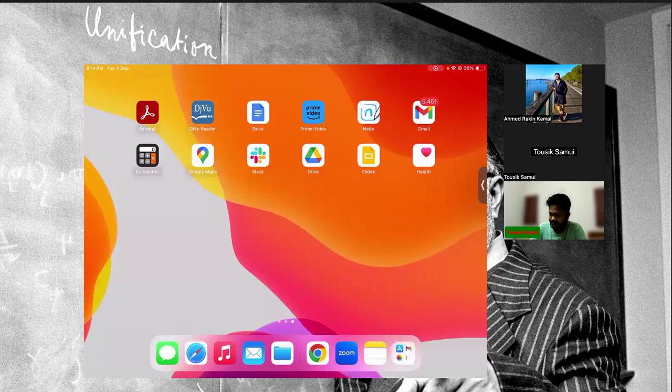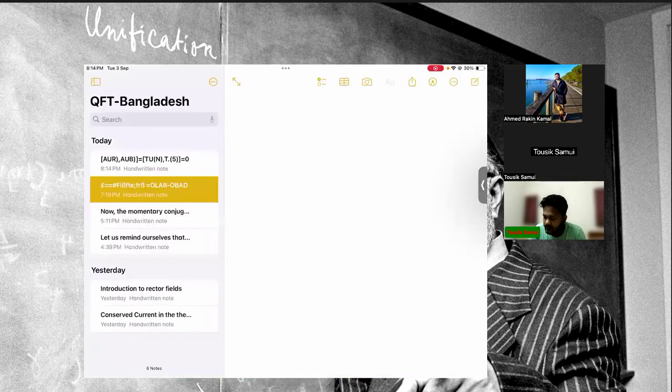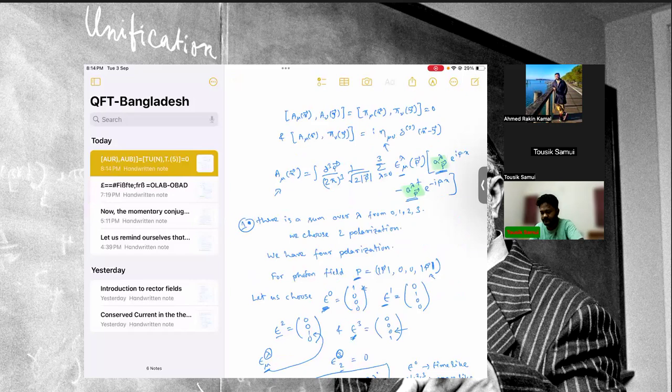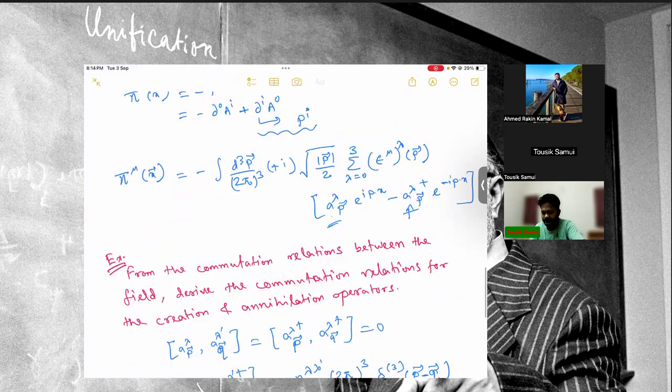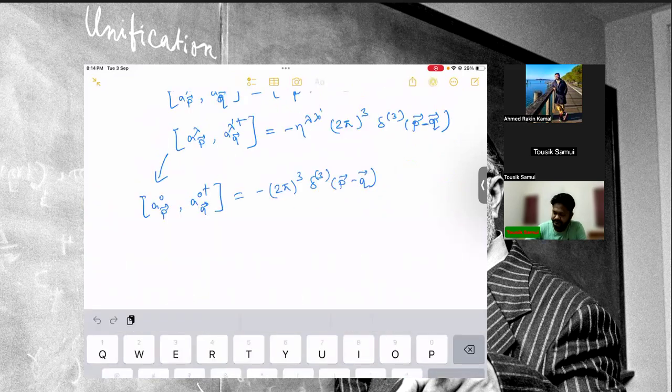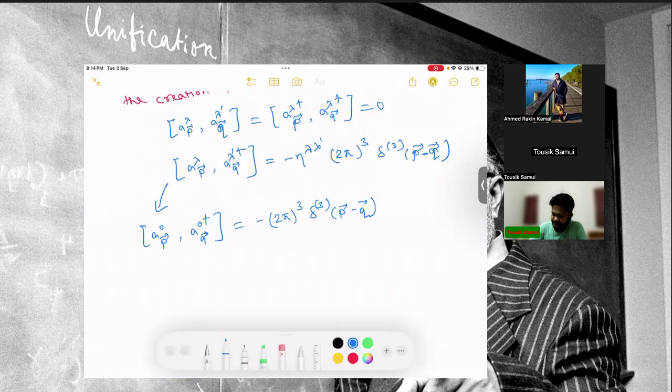That's the problem that is happening. It suddenly stops. Okay, so let me... Hamiltonian.